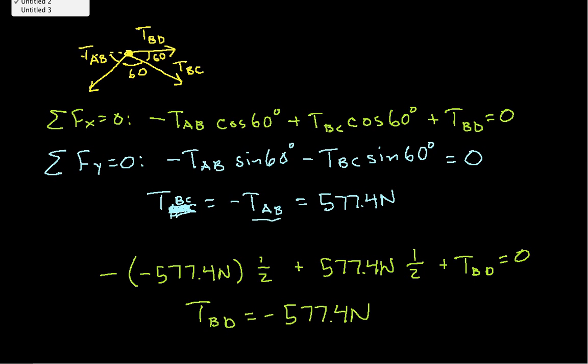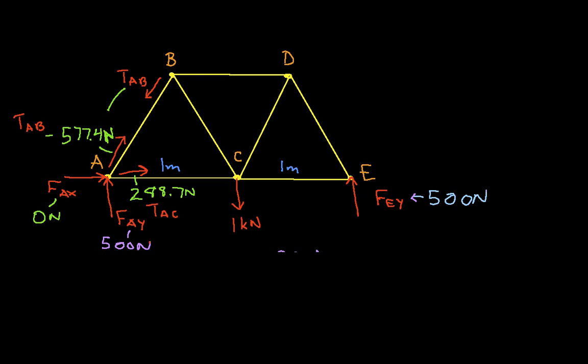So let's write these down. We had TBD and TBC. TBD was minus 577.4 newtons.